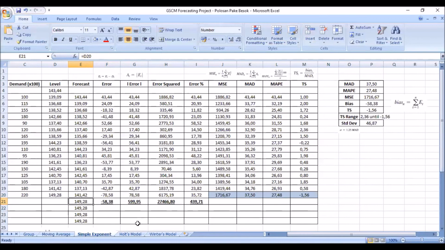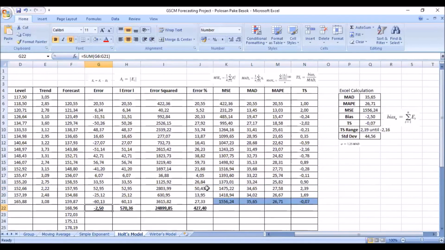For moving average and simple exponential, realize that the result is quite similar, while the forecast also has the same principle. Both of these methods can only be recommended as a standard number for forecast. But still, they have the highest or moderately high numbers of error and MSE and others, which is not good because we try to minimize MSE as much as possible.